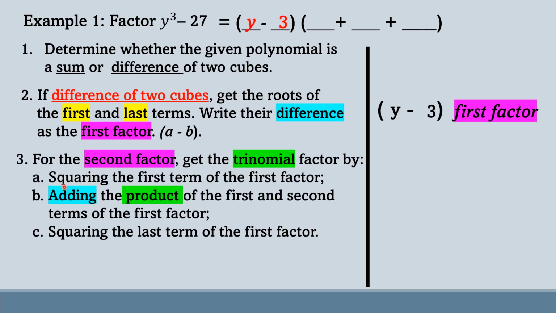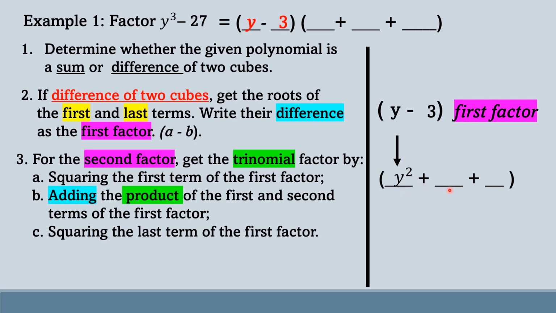Next step, we have getting the second factor. To get the trinomial factor, we are going to square the first term of the first factor. So if this is our first factor, we are going to find the square of the first term, and that is y squared.